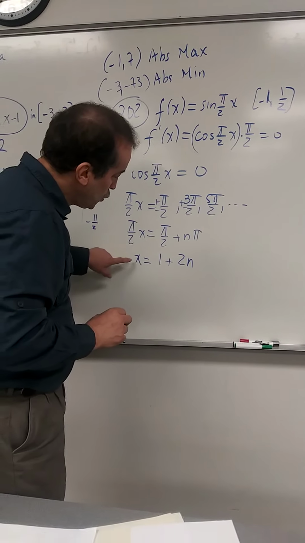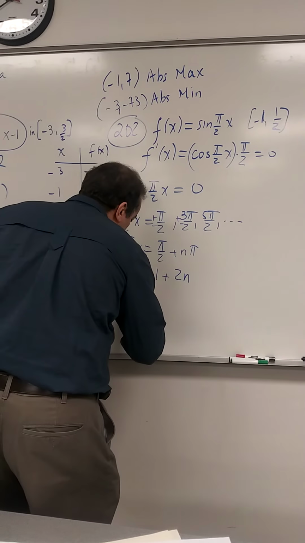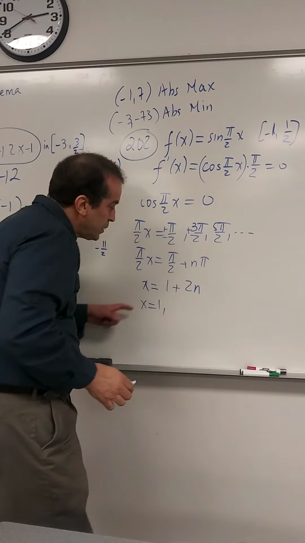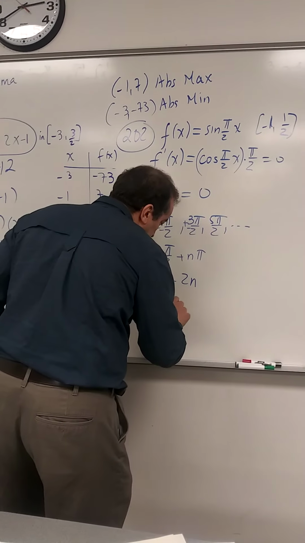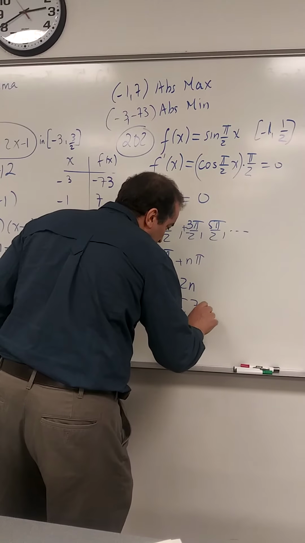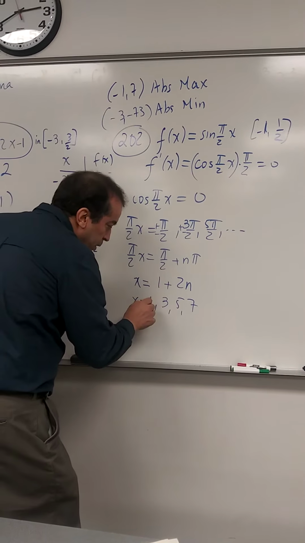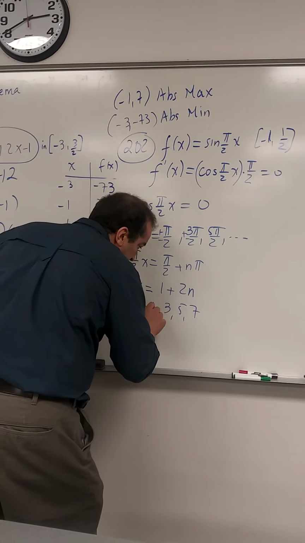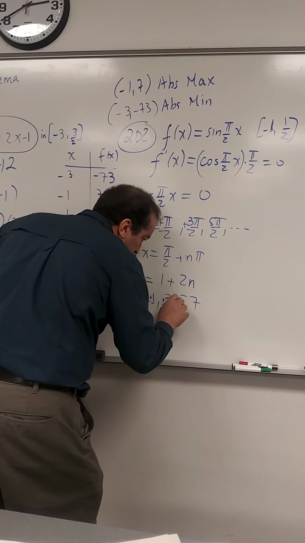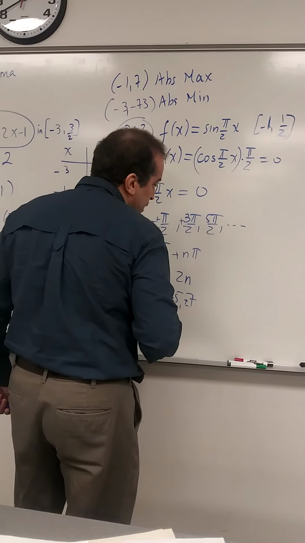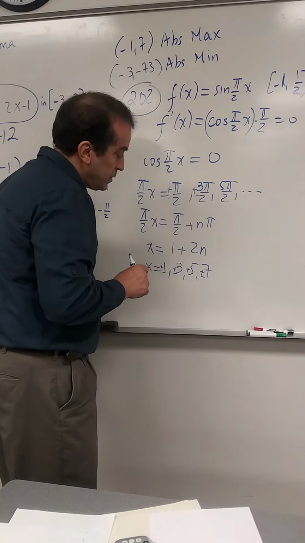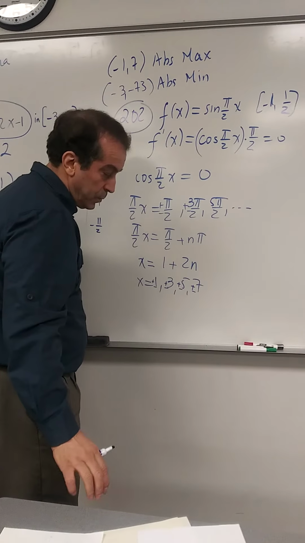So the first solution is x equals 1. The second solution is 1 plus 2, which is 3. And then 5, 7, odd numbers. If you subtract 2, it's minus 1. So plus or minus 1, plus or minus 3, plus or minus 5, plus or minus 7, etc. But we're only going to consider the points in the interval.